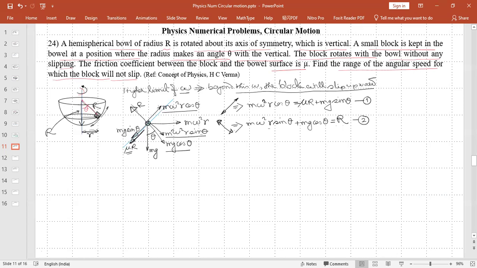This is another thing we must remember: small r is equal to capital R sin theta.